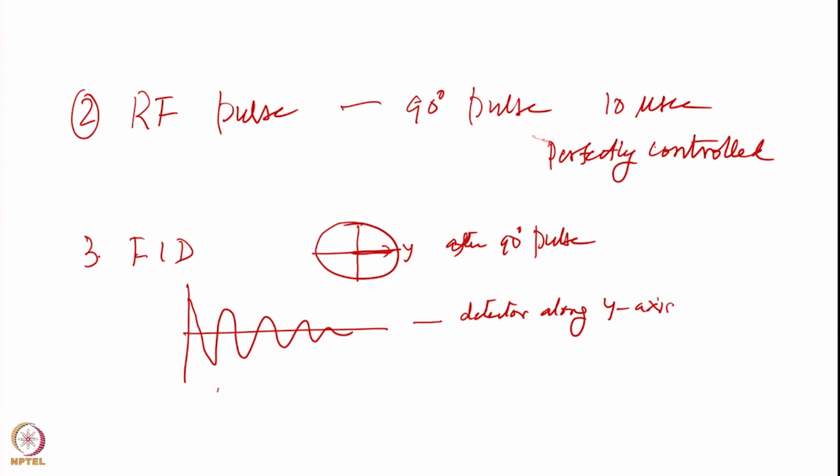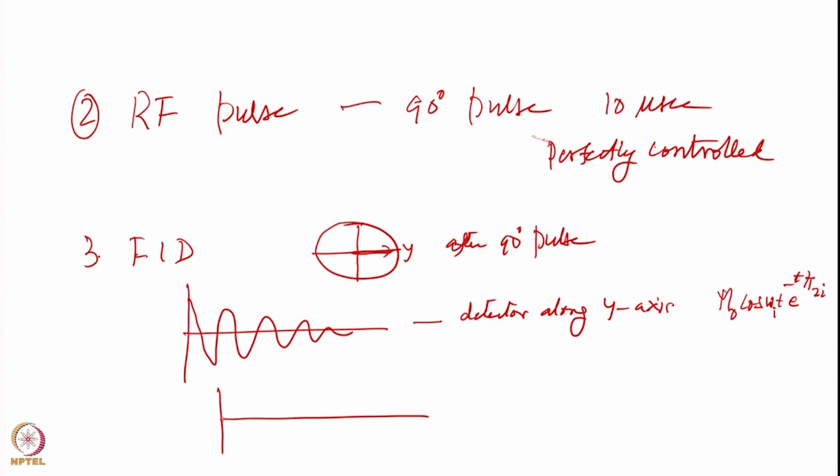Now if I put the detector along the x axis, where will it start? Because at the x axis, at time t equal to 0, x magnetization is 0. So as it starts rotating here, x magnetization starts building, therefore it is like a sine wave. The earlier one is like a cosine wave, M0 cosine omega_i t e to the minus t by T2_i, right.